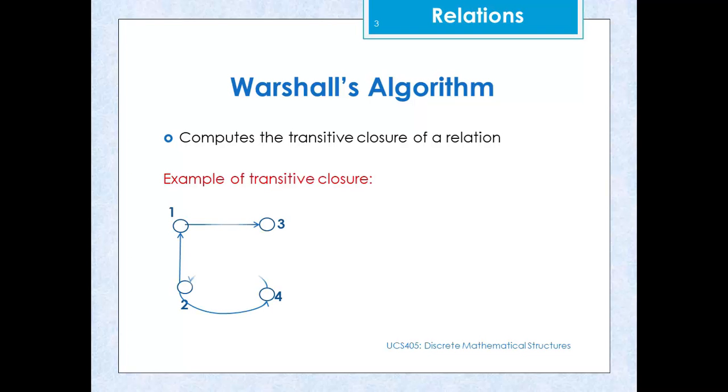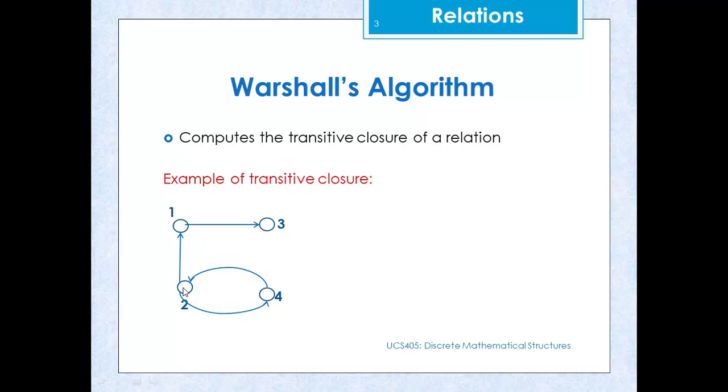Here, if we have this graph, for finding its transitive closure, what are the edges that should be there? We have an edge from 2 to 4 and another edge from 4 to 2. That means there are ordered pairs (2, 4) and (4, 2). So an ordered pair of type (2, 2) should also be there.